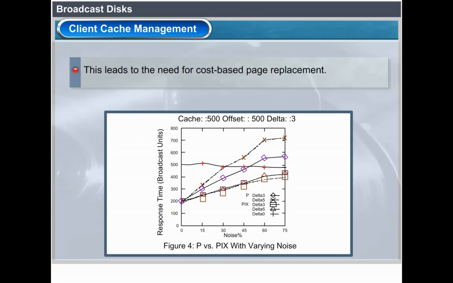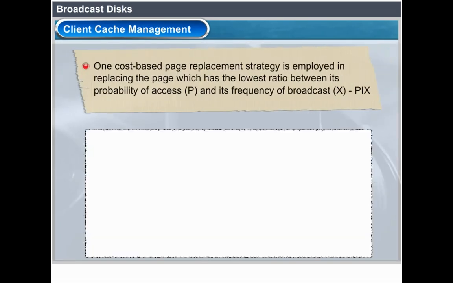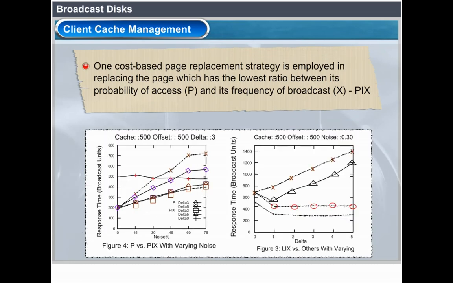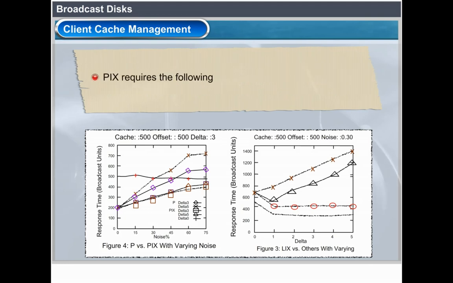This leads to the need for cost-based page replacement. One cost-based page replacement strategy replaces the page that has the lowest ratio between its probability of access P and its frequency of broadcast X, called PIX.